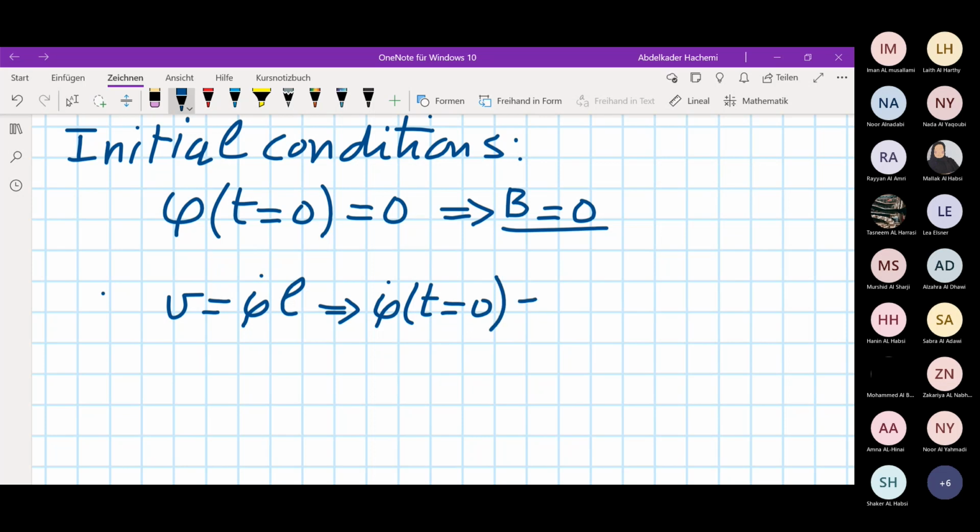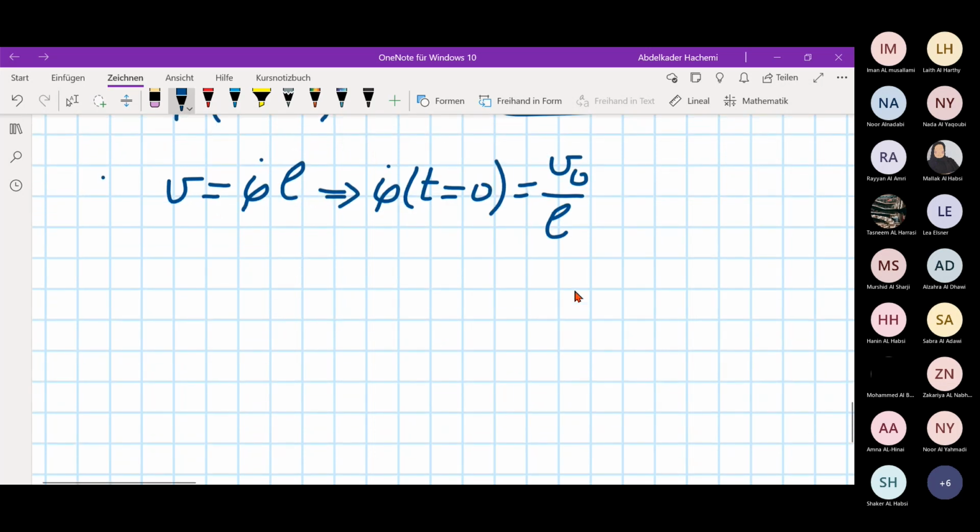The velocity is only v0, and we divide by L. As stated in the exercise, phi dot at time t equal to 0 is v0 divided by L, which equals A omega.